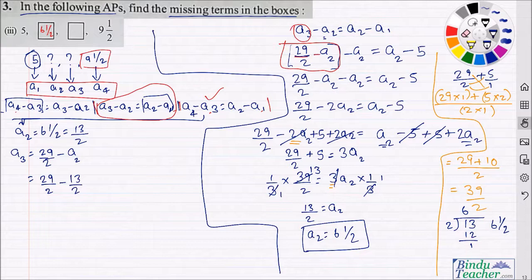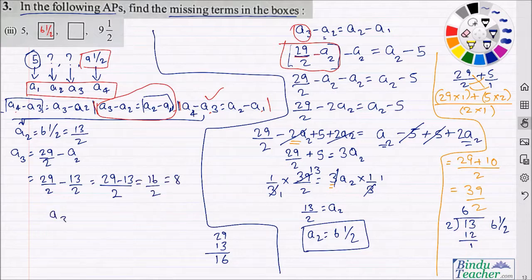Now here, since the denominator is the same, we can just subtract the numerators directly. I'm sorry, it is not plus, it is minus: 29 minus 13 divided by 2, which gives us, so 29 subtract 13 from it, we get 16. So 16 by 2, which is 8.